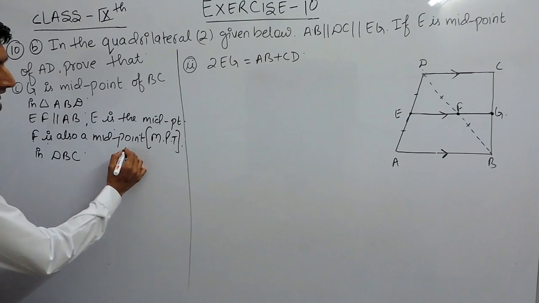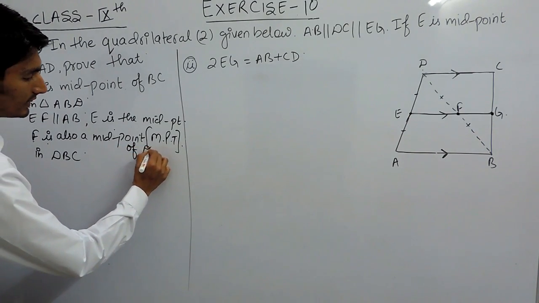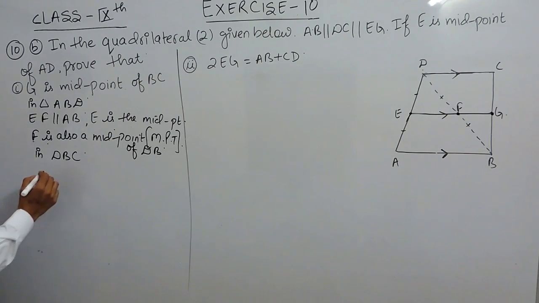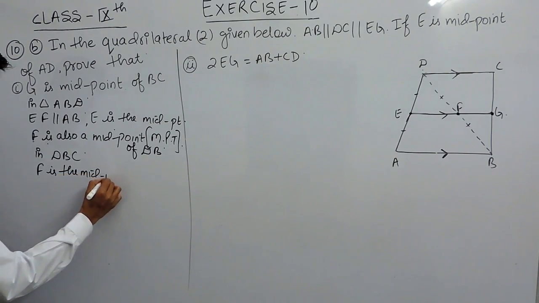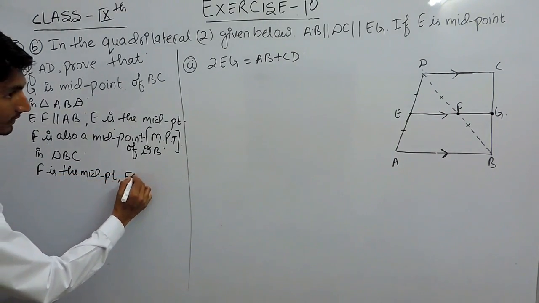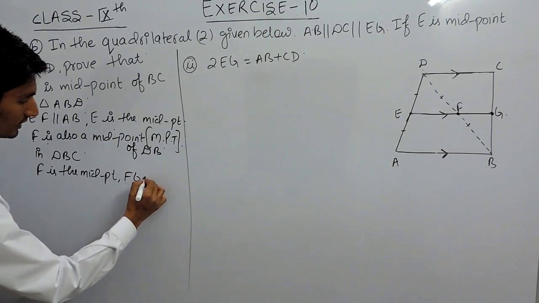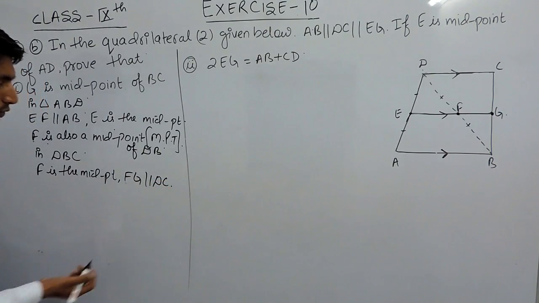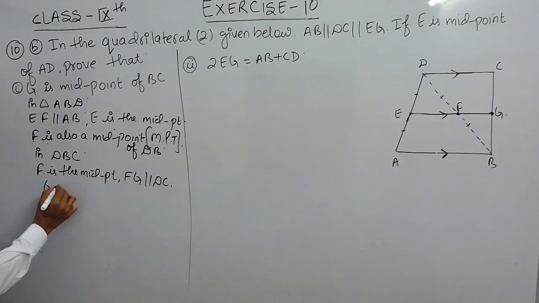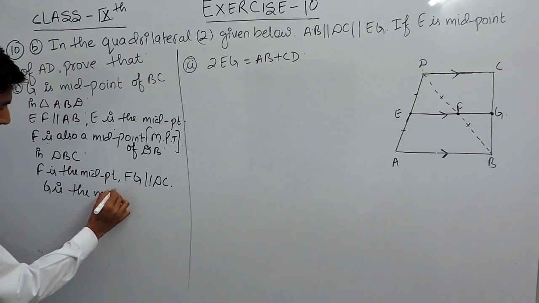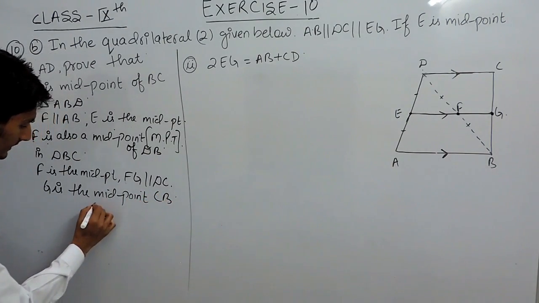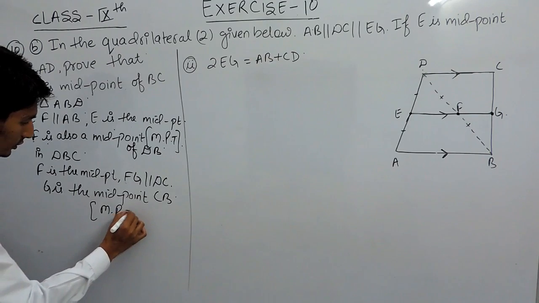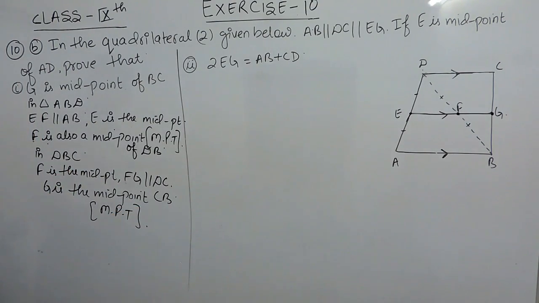So G is the midpoint of side CB. Again, this is because of the midpoint theorem. So this is how we can prove that G is the midpoint of side BC.